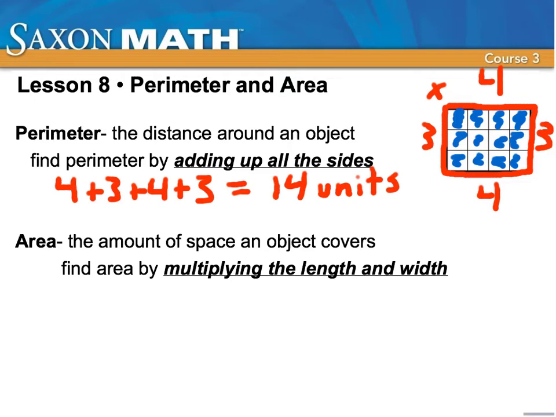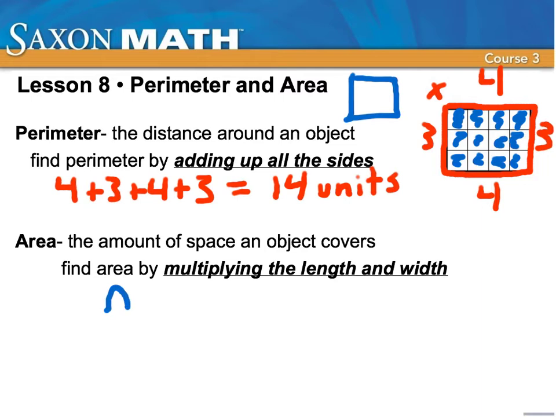But we're not always going to have the grid in the middle with all the squares. So we have to know how to find the area if they give us a shape that looks like this without any of the squares on the inside. How we do that is by multiplying the length and the width. The area has a formula, and this is for rectangles and for squares.